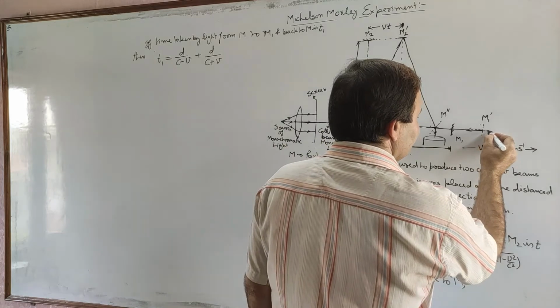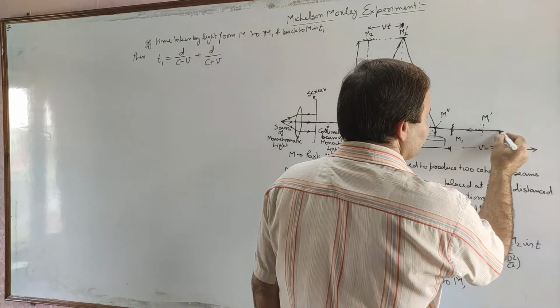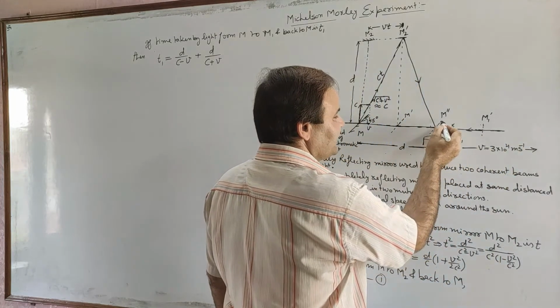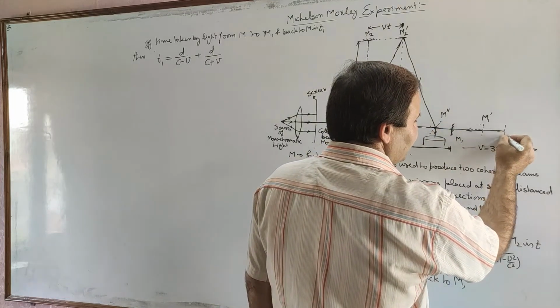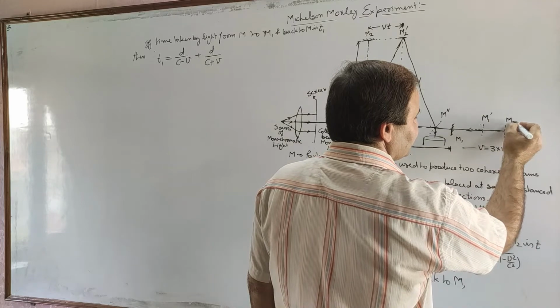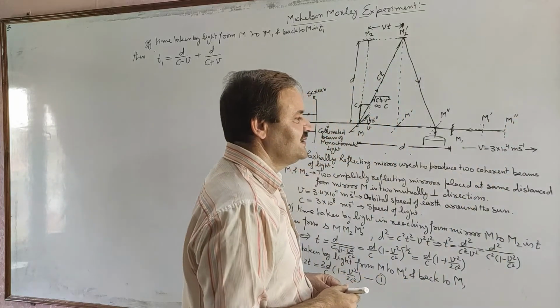So it means when light will strike back at M, then M1 dash will be somewhere here at M1 double dash.